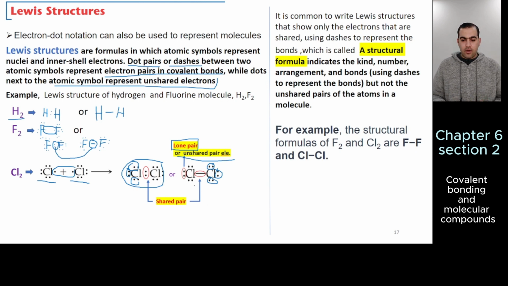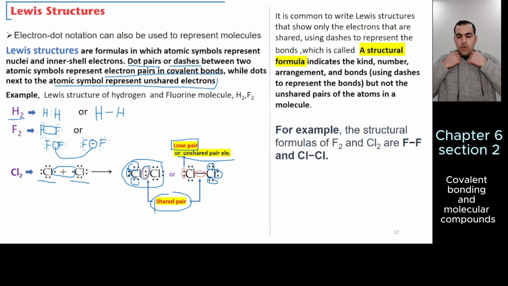But these are what? These are the shared pair. There's only one shared pair. It's common to write Lewis structures that show only the electrons that are shared.